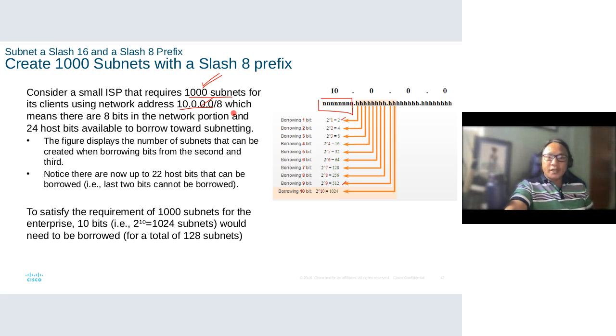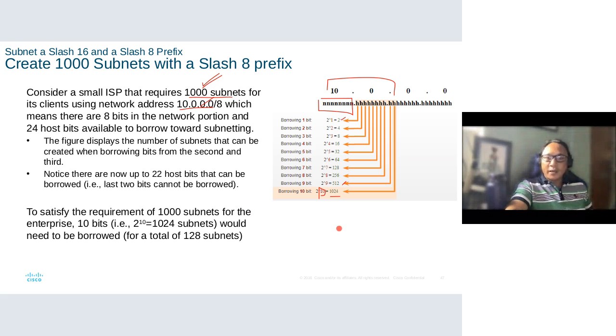So in order to satisfy the 1,000 subnets, you need to borrow 10 bits, no? You need to borrow 10 bits in order to have 1,024 subnet. So hanggang dito yung ibabaro mo, no? Hanggang dito. Okay? 10 bits ang ibabaro mo. Okay? So that's around 2 raised to 10 or 1,024 subnets. So you need to borrow that.